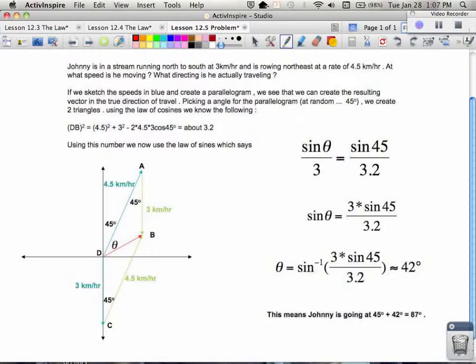Now, if we sketch these speeds in blue and create a parallelogram, you can see that we create the resulting vector in the true direction of his travel.